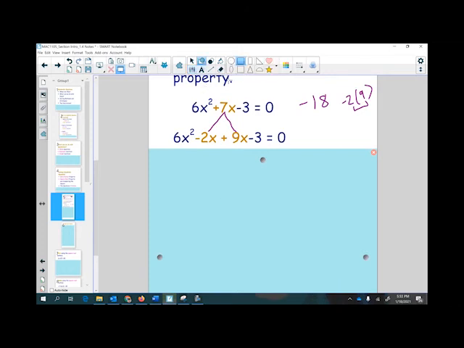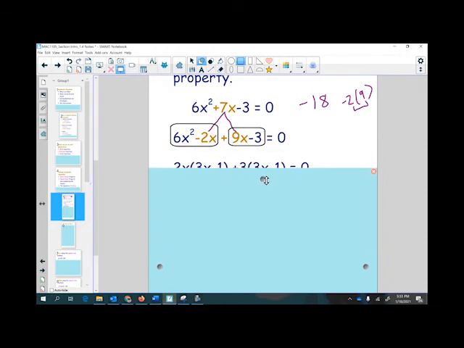I'm going to group these two terms together and these two terms together. I'm going to look at each set individually and see what I can factor out that's common. From the first set, I was able to factor out a 2x, leaving 3x minus 1 in the parentheses.